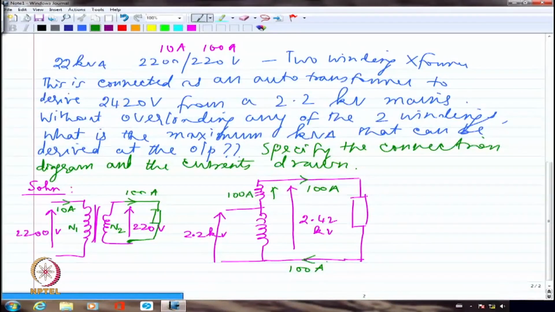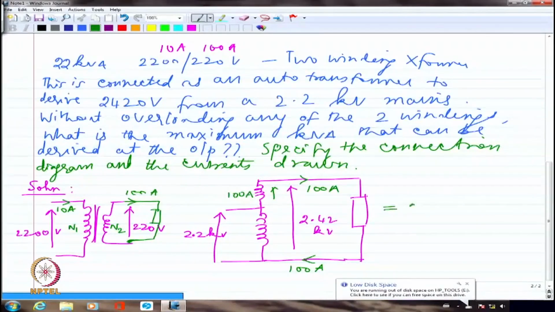What I am getting across the load is 2.42 kV and the current I have shown is 100 ampere. So how much is the total kVA rating? It is 2.42 multiplied by 10 power 3 multiplied by 100, that is 10 power 2. So the kVA rating is 2.42 multiplied by 10 power 5.